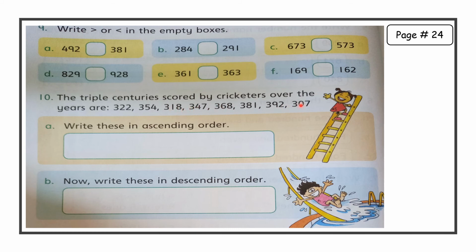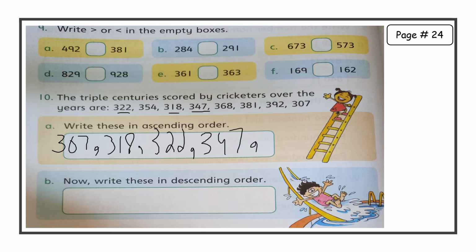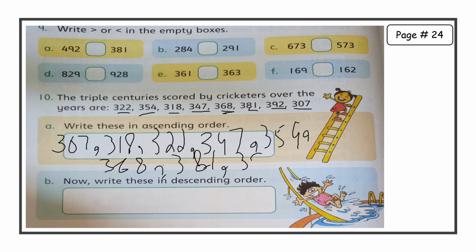So 0 is the smallest one, so this number is smallest. 307, and then 318, then 322, then 347, then 354, then 368, 381, and 392.